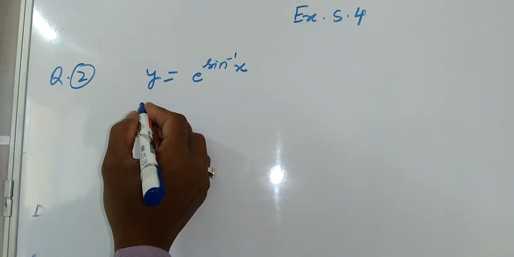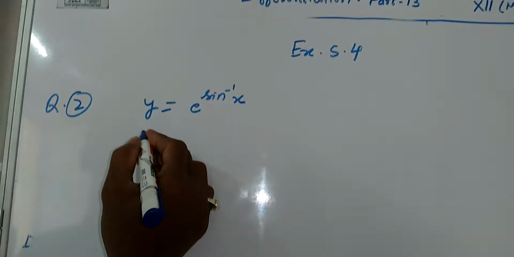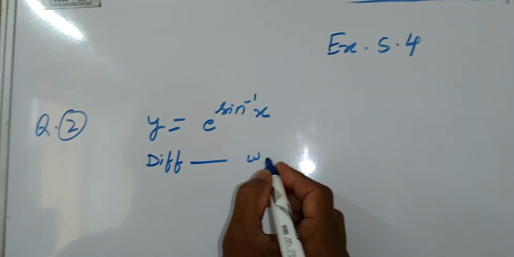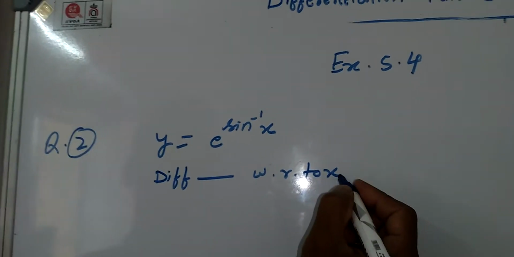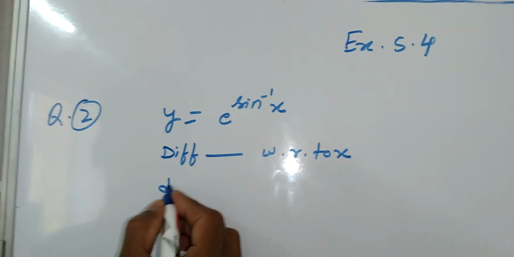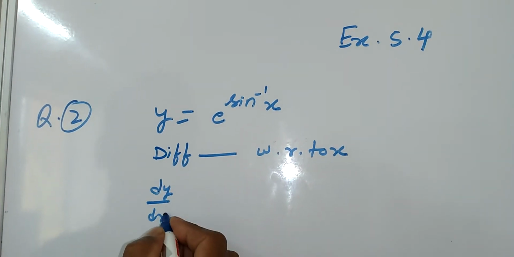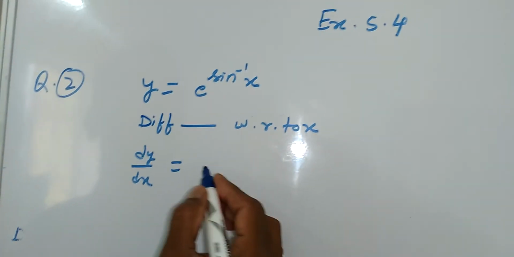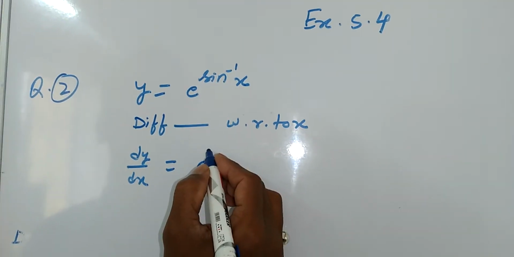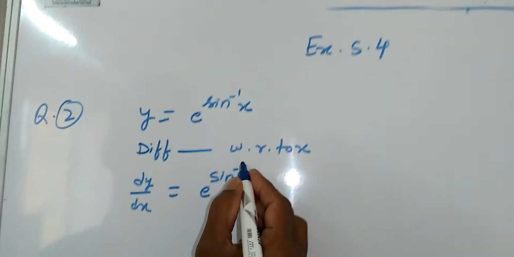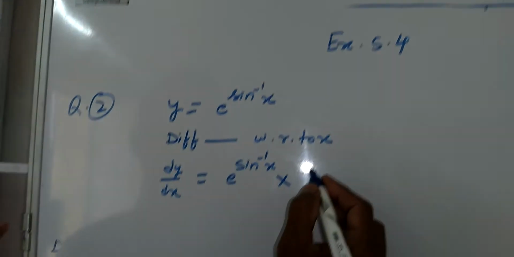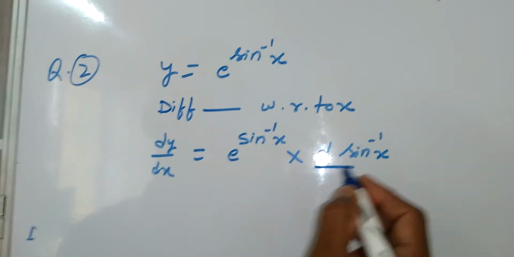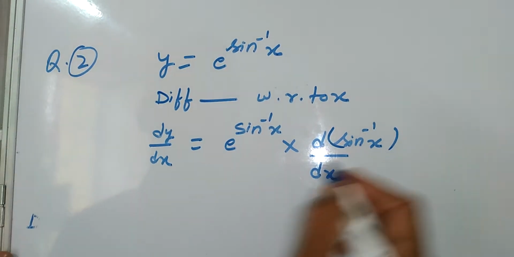So differentiate both sides with respect to x. Left hand side dy by dx, and right hand side, the derivative of e to the power x is e to the power x. So e to the power sine inverse x into the derivative of sine inverse x with respect to x.